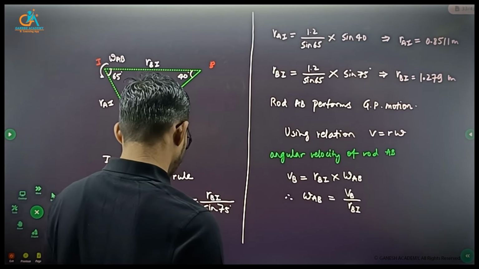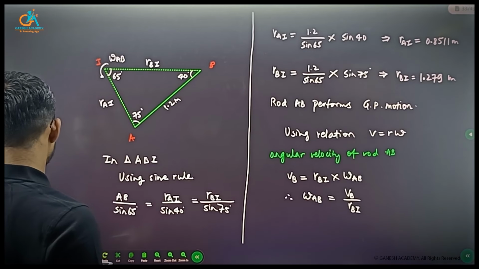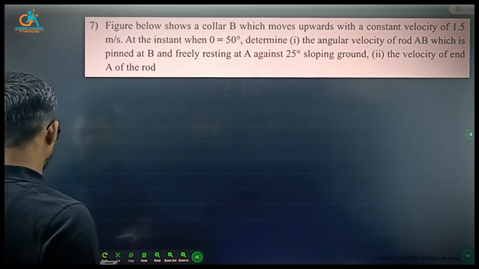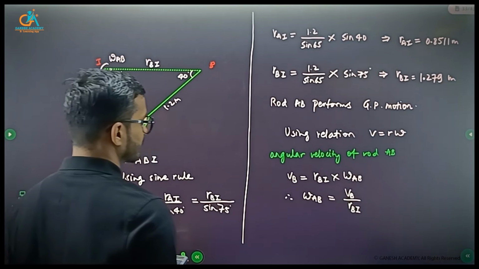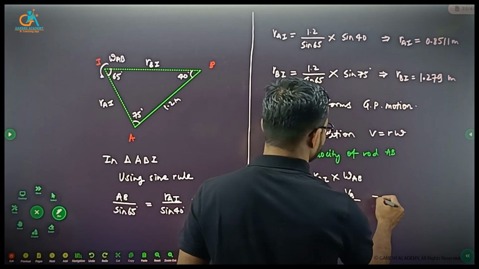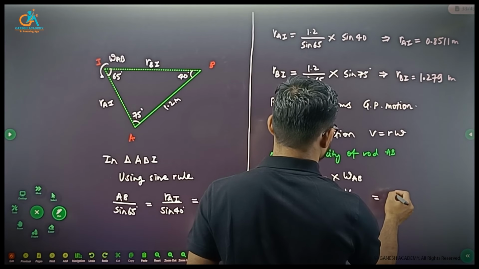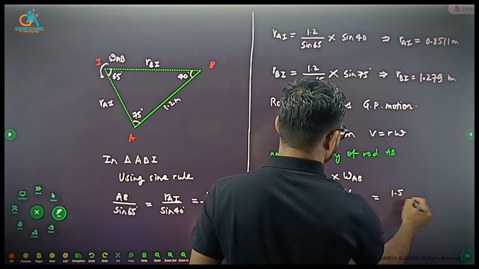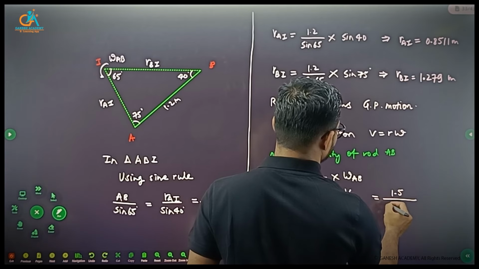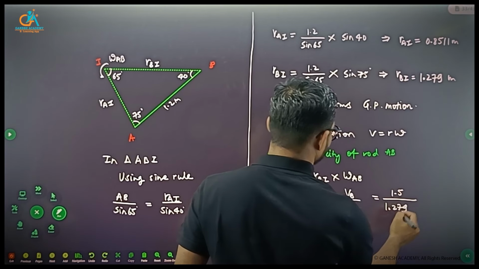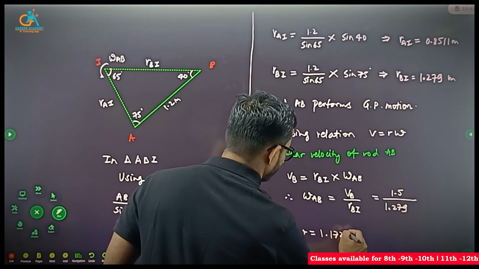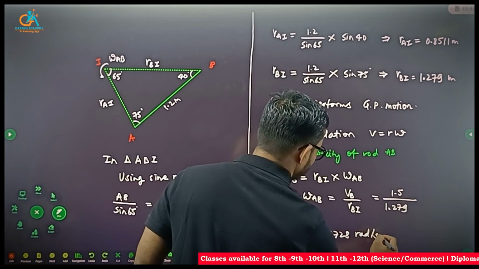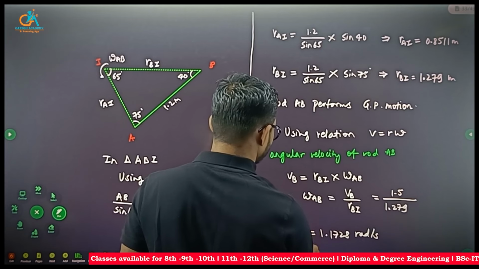So omega AB is 1.1728 radian per second.